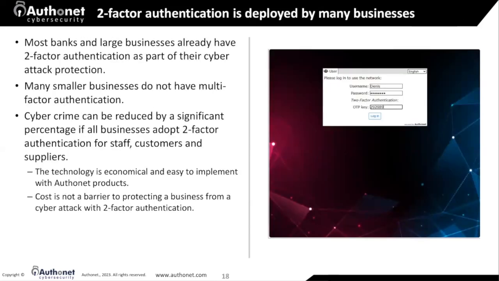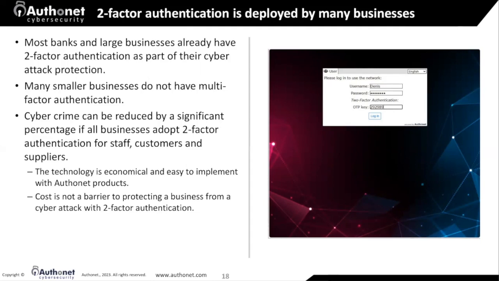So when we implement two-factor authentication, the user has to provide the username and password to log into the network, and then gets the OTP key, the one-time password key, from the phone, and enters that to access the network. And this applies to all staff.